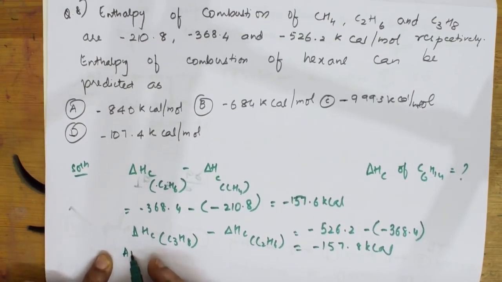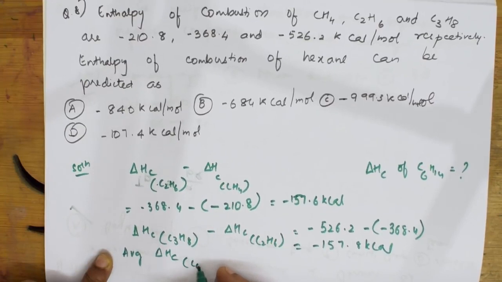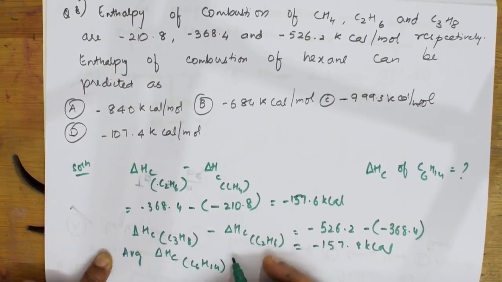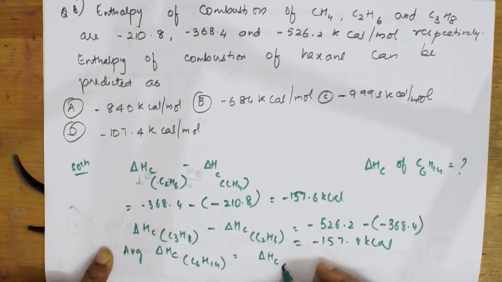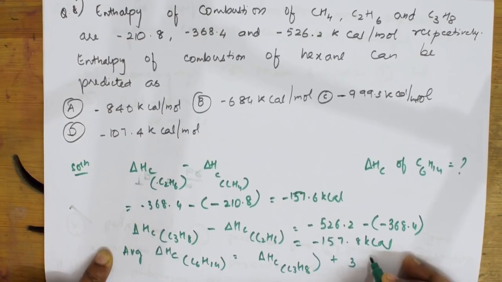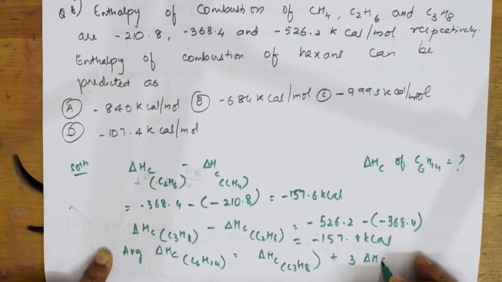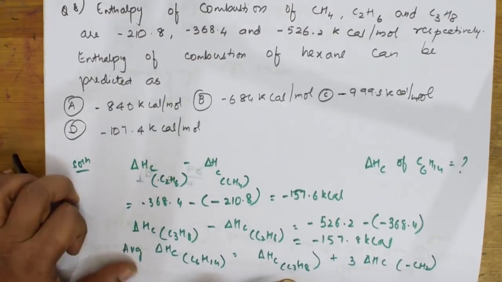Now I can write average delta Hc for C6H14 is equal to delta Hc of C3H8 plus 3 times, means after balancing, Hc of CH2. Why did I do this?